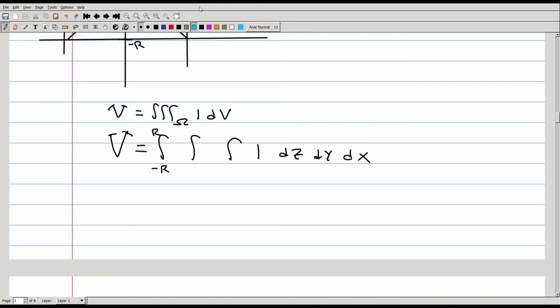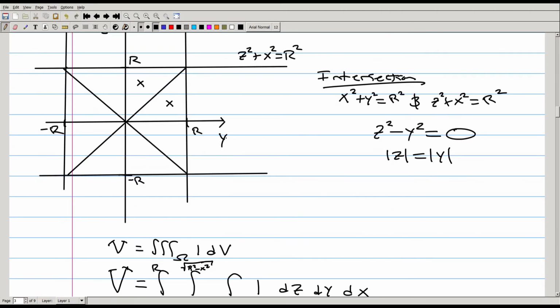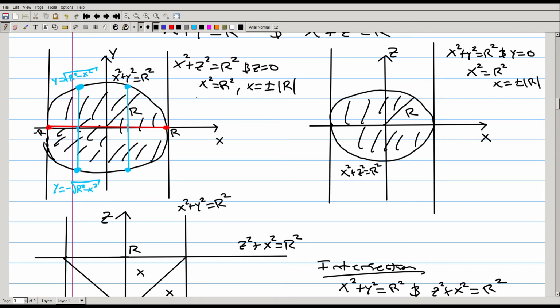So therefore our bounds for y are going to be from negative square root of r squared minus x squared to positive square root of r squared minus x squared. And lastly, we think about how z changes as we move around the xy plane. So, for example, if I take this point, or this point, we ask ourselves, what's the upper and lower bounds in z at each one of these points?